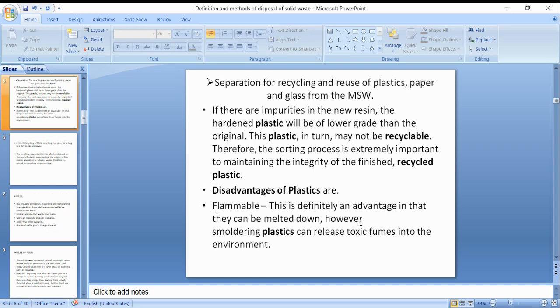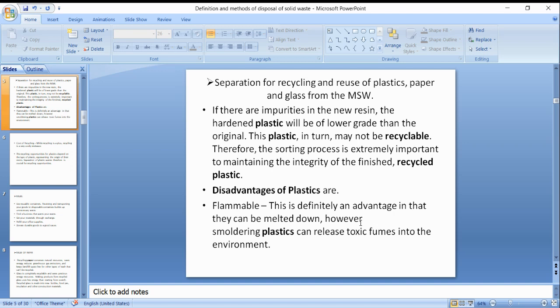So we have said that after the collection and after the storage at the communal place, the waste should be separated. What we have to separate there: we are separating the plastic, paper and glass materials, and those which are decomposable should be separated.